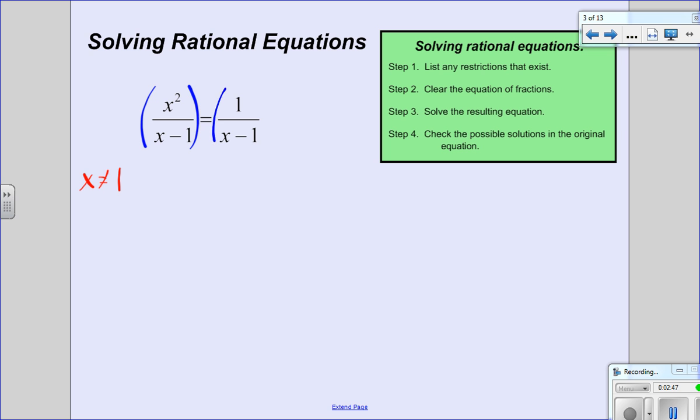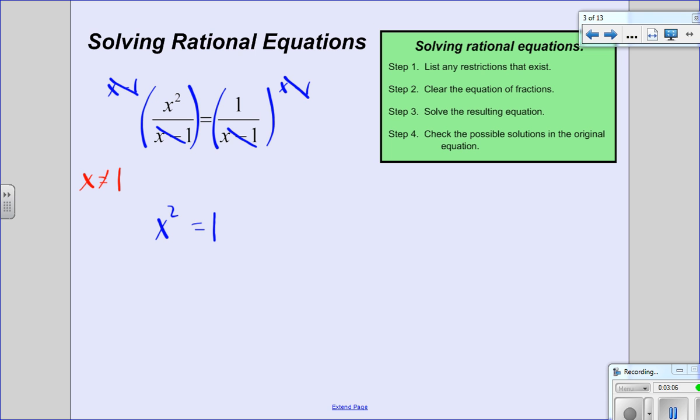Multiply each side by the LCM. In this case, it's simply x minus 1. And when we do that on each side, our x minus 1's cancel out, which leaves us with simply our numerators. x squared is equal to 1.